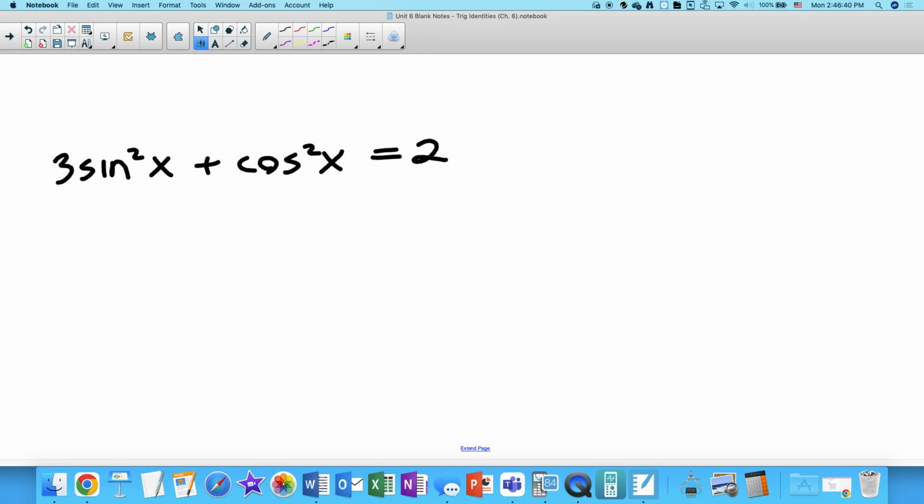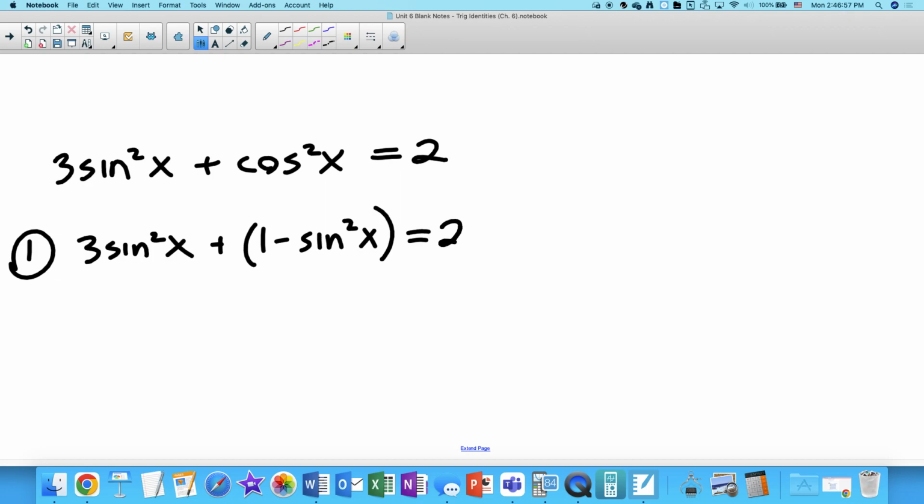Okay, so one option is to take the cos squared x, and replace it with 1 minus sine squared x. Okay? And what we will get is that 2 sine squared x plus 1 equals 2.